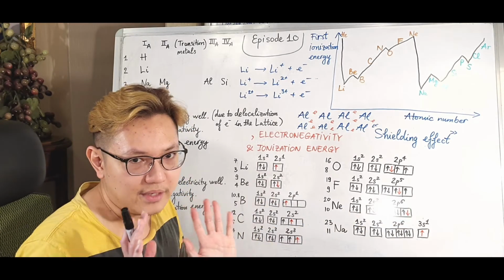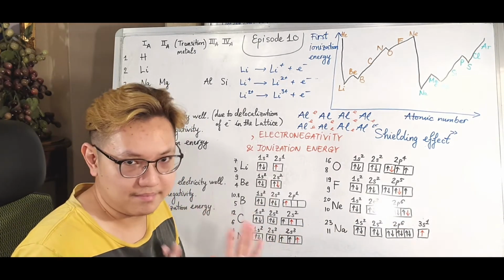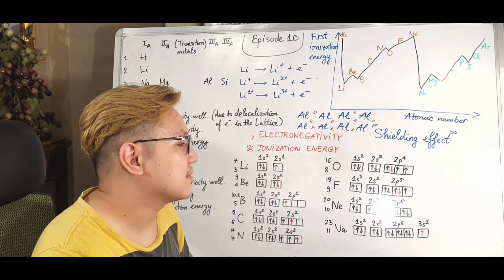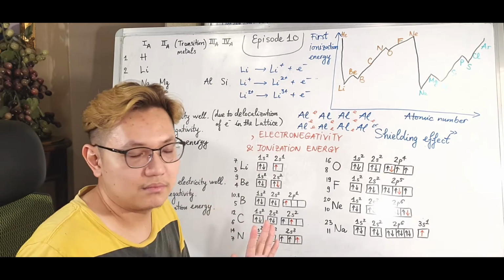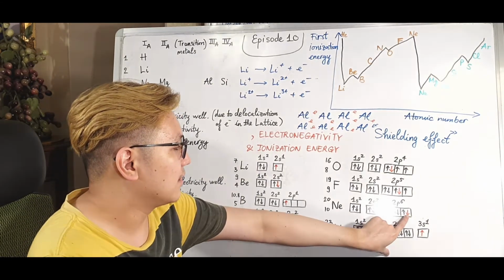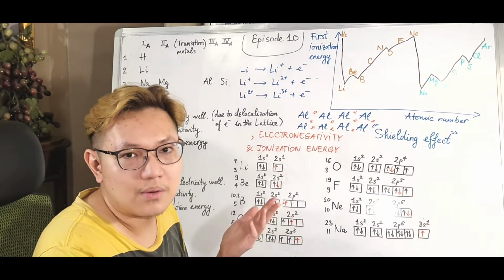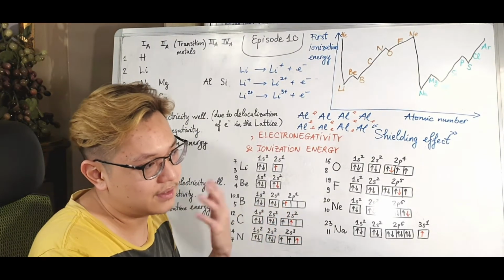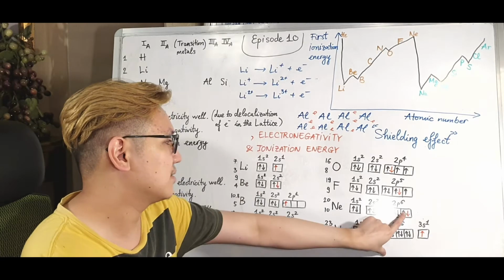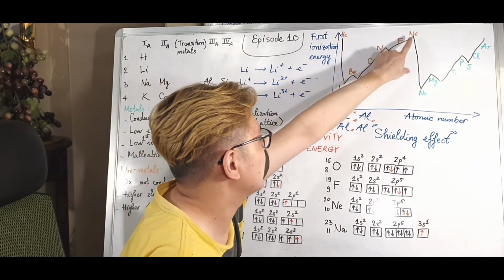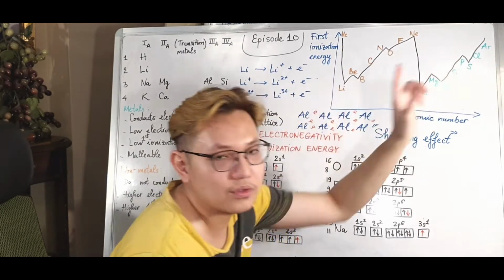So it doesn't want to give up any electrons. It's just full already. So for noble gases, neon or any kind of noble gas, it is incredibly difficult to make into an ion or to remove one electron from it. So that's why there's very high first ionization energy for the noble gases.